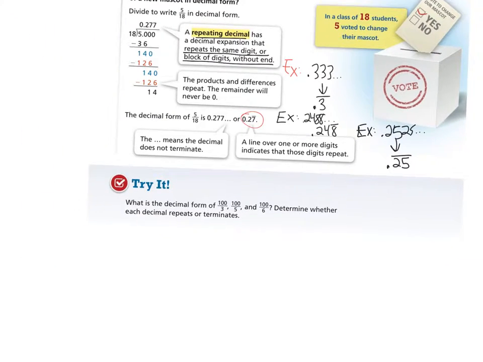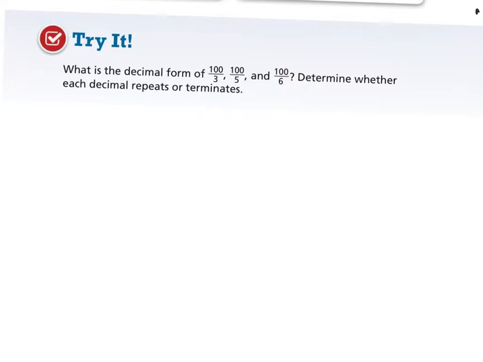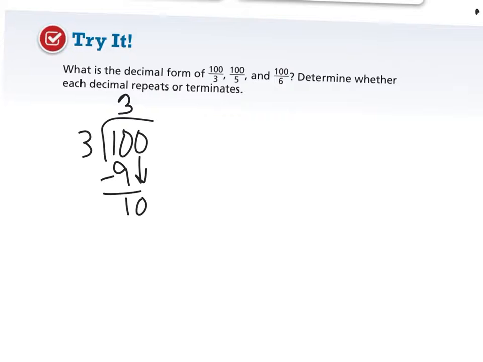So if we look at the try it, they're asking for the decimal forms of these and whether they repeat or terminate. So that's just dividing it out. So 100 divided by 3, 3 doesn't go into 1, 3 goes into 10, 3 times, okay. 3 goes into 10, okay.